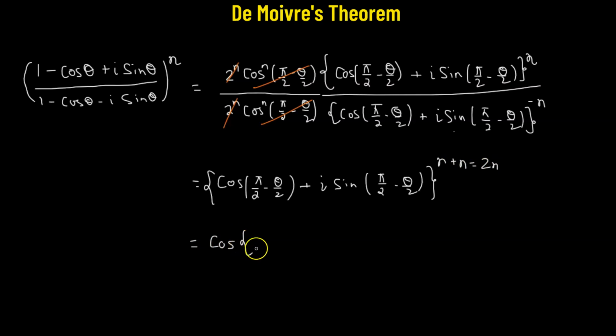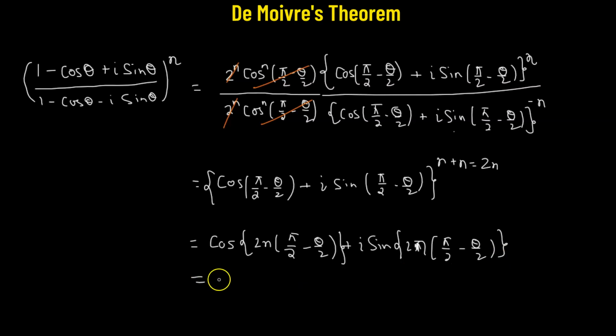So we'll have cosine of 2n multiplied to (pi over 2 minus theta over 2) plus iota times sine of 2n multiplied to (pi over 2 minus theta over 2), which gives us cosine of (n pi minus n theta) plus iota times sine of (n pi minus n theta).